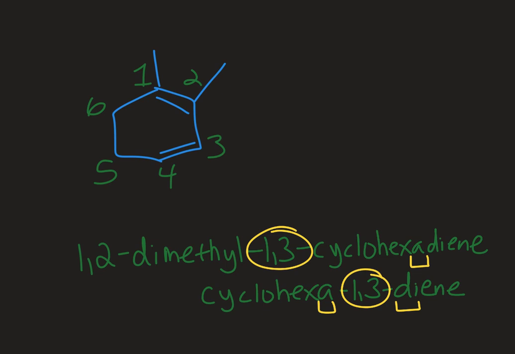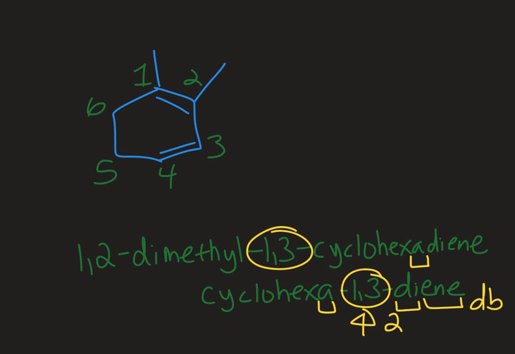If I have 2 double bonds, I need a di prefix before the modifier, which is this -ene part. So di tells me that I have 2, -ene tells me that I have double bonds. The locants 1 and 3 tell me where they are. And then just sort of for a flow thing, I think we add this a here, but that's how you'll see it anytime there's a molecule that has more than one double bond.